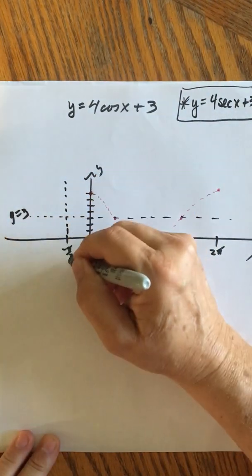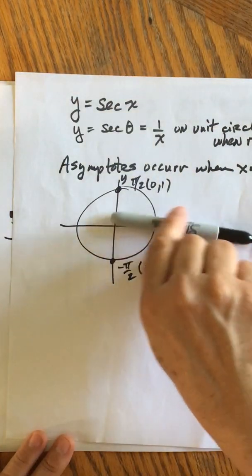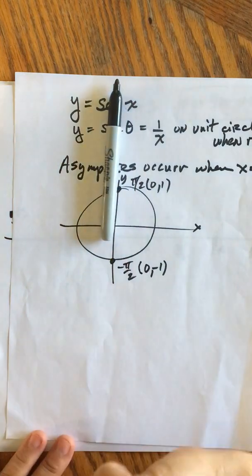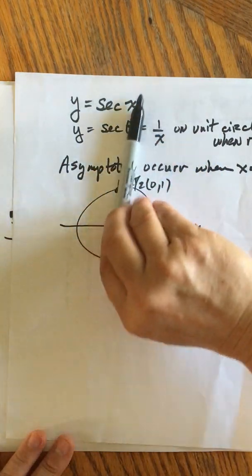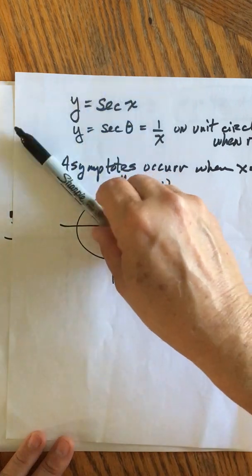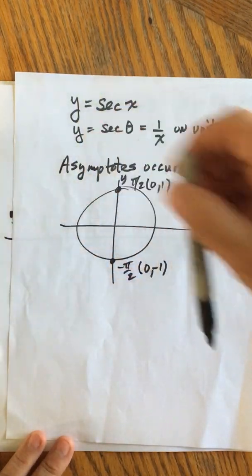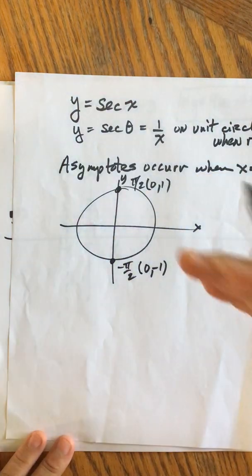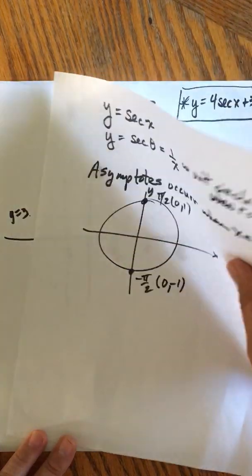And then actually every multiple of pi over 2, because if you're starting here at pi over 2, then if you go pi, you have another asymptote, rotate another pi, you have another asymptote, and it doesn't matter what direction you go in. So it's going to be pi over 2, 3 pi over 2, 5 pi over 2, 7 pi over 2, and in the negative direction, the same thing, negative pi over 2, negative 3 pi over 2, negative 5 pi over 2, and so on and so forth. So there's where your asymptotes are.